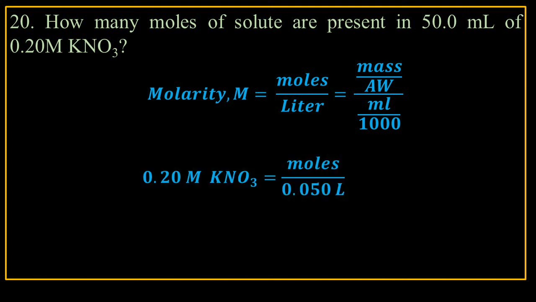And so we're going to find the number of moles, so it's going to be 0.2 times 0.05, which is the liters. That's 50 divided by 1,000 is 0.05, and 0.2 times 0.050 is going to be 0.01 mole of KNO₃.